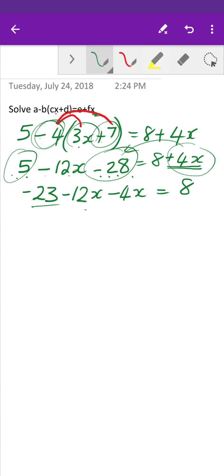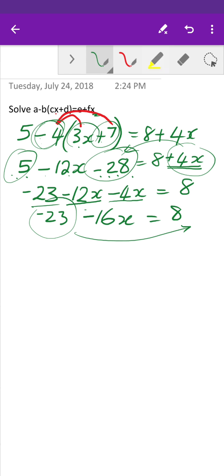So now we can simplify. Now x will only appear one time in the whole equation, because when you subtract negative 12x, take away 4x, we get negative 16x. And there we have a simpler equation. I'll take the minus 23 across to the other side, so it will be 8 plus 23 on the right hand side, and we've got negative 16x equals 31.